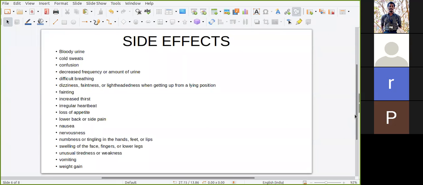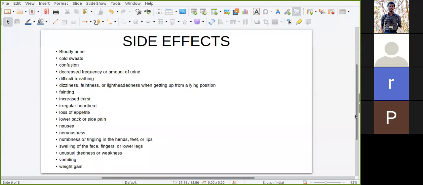Side effects: bloody urine, cold sweats, confusion, decreased frequency and amount of urine, difficult breathing, dizziness, faintness. Mostly it affects the central nervous system, and it has slight cardiovascular events, like it affects the cardiovascular system.